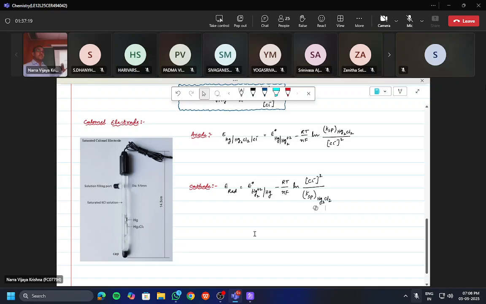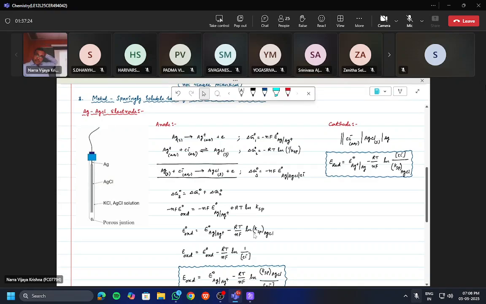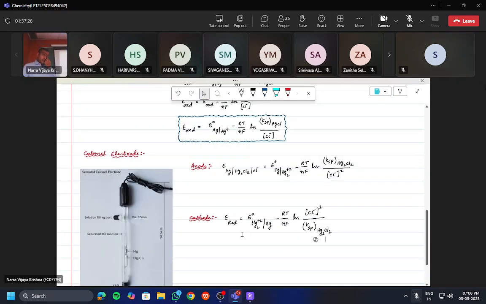Right? Now I am taking one more electrode. For example, I am taking the metal oxide hydroxide electrode.